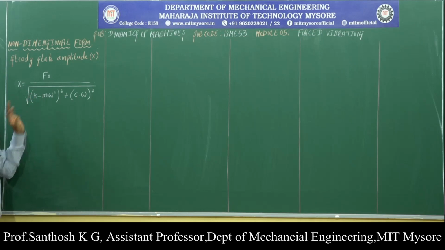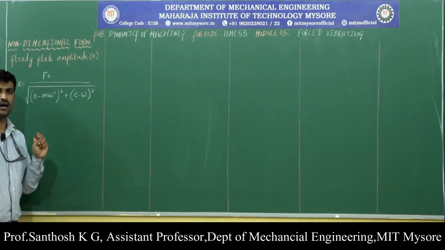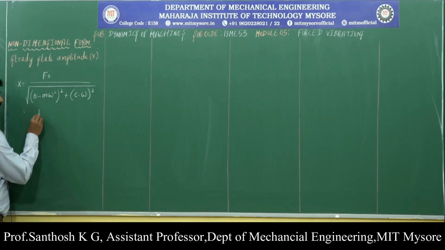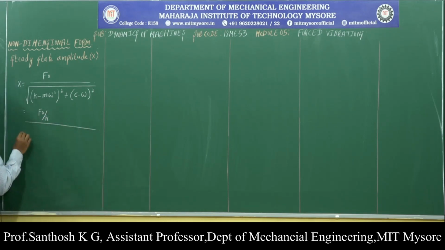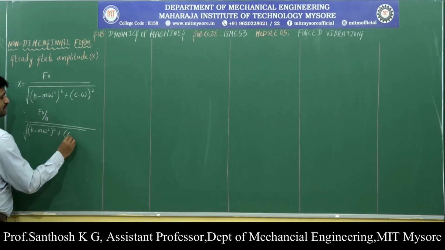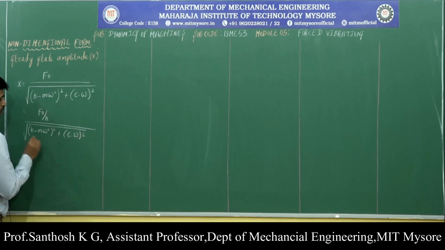To do that, first I am going to divide the numerator and denominator of this equation by k, that is, F naught divided by k, divided by square root of (k minus m omega square) whole square plus (c omega) whole square, divided by k square.